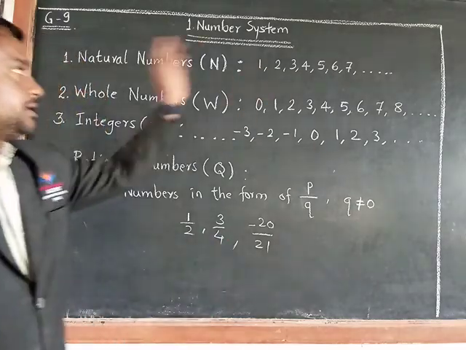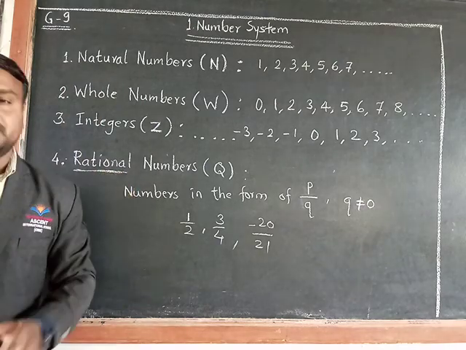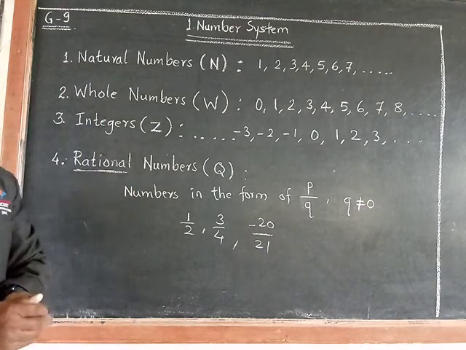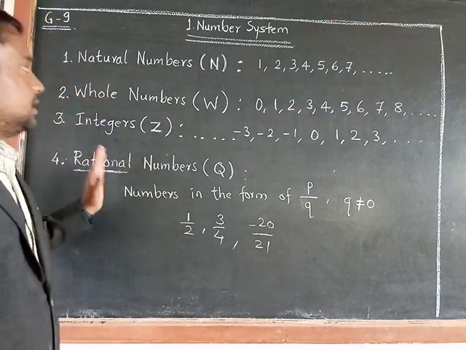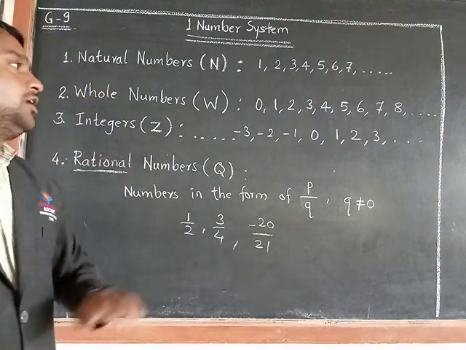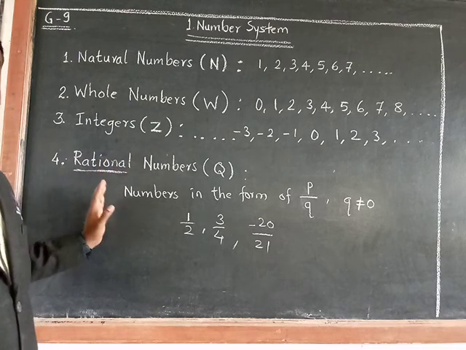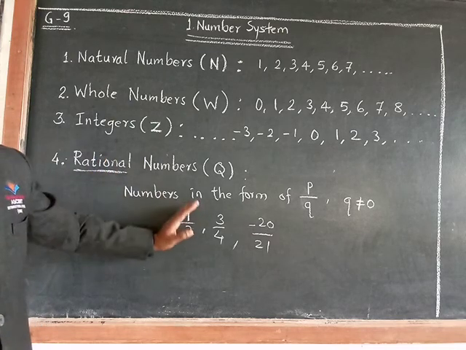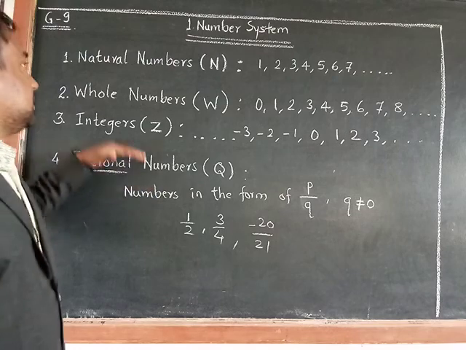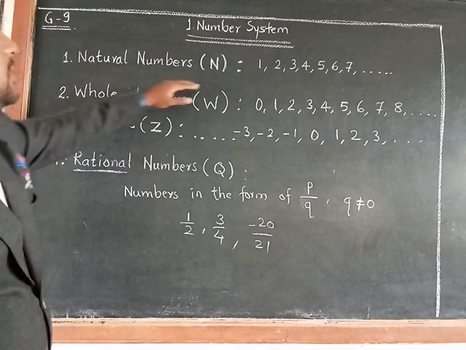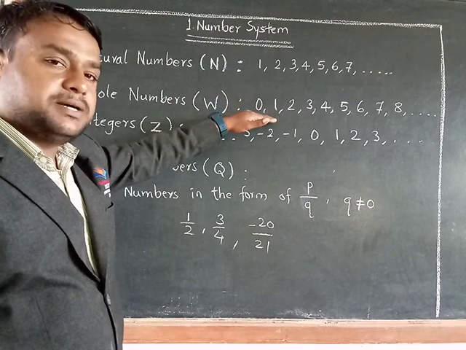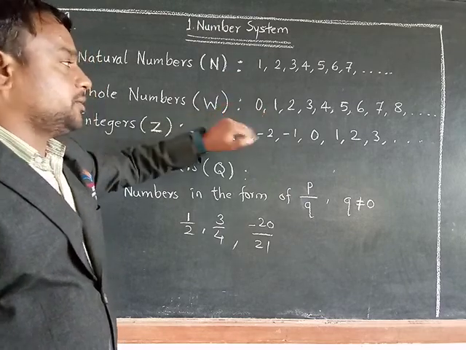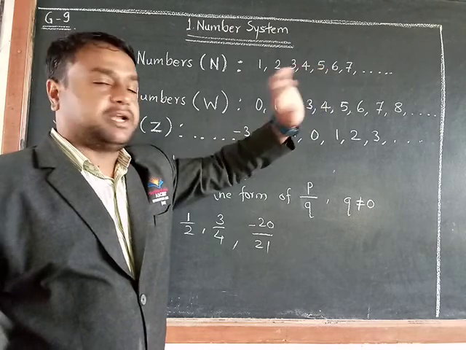So here we revised all the kinds of numbers. Now I give you some examples of the whole format of the number system, showing which numbers are included in which. For example, natural numbers are included in whole numbers, and whole numbers are the set of 0, 1, 2, 3, 4, 5 and 6.